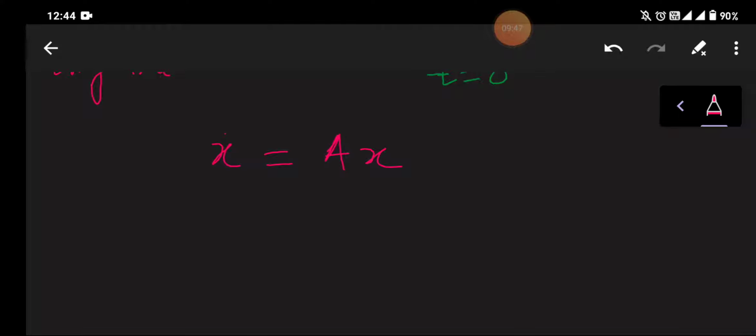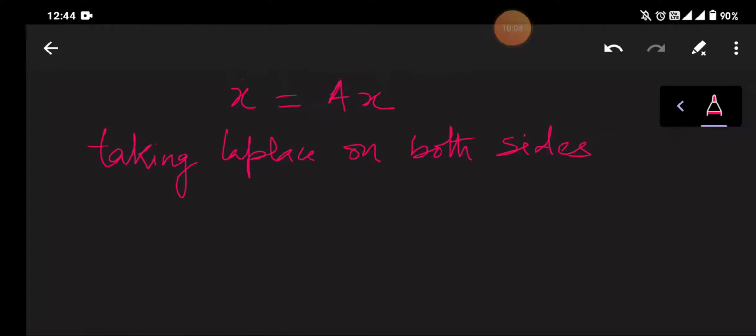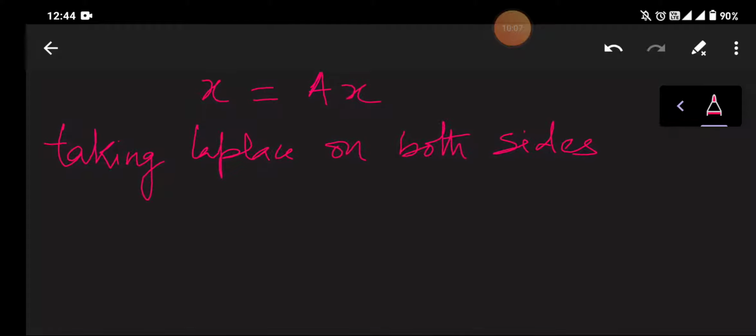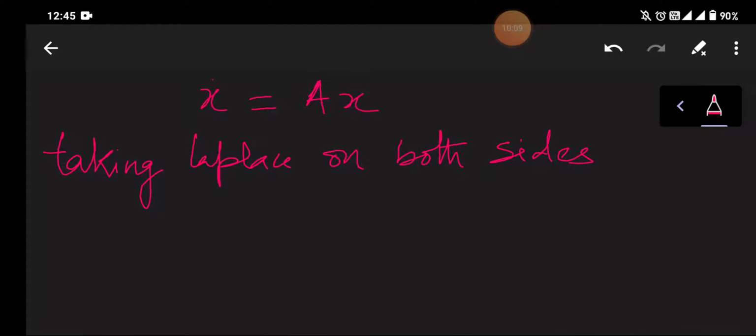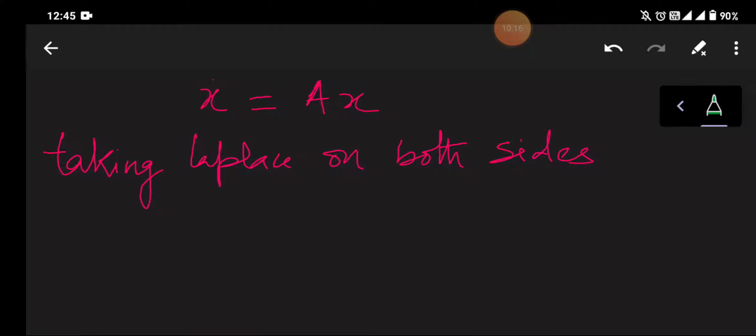Taking Laplace on both the sides, x dot means dx by dt.